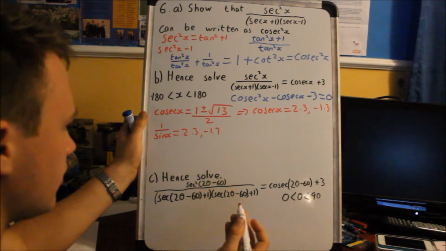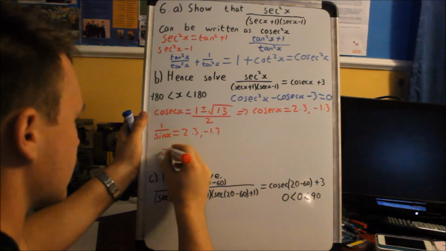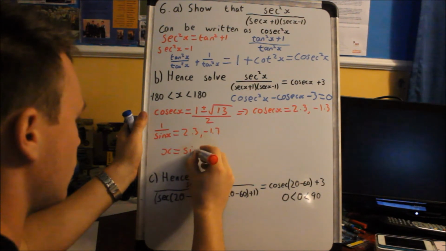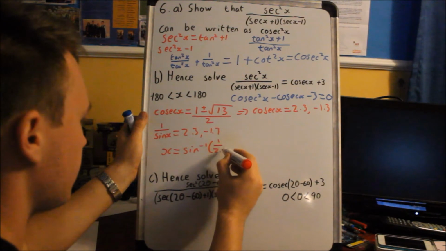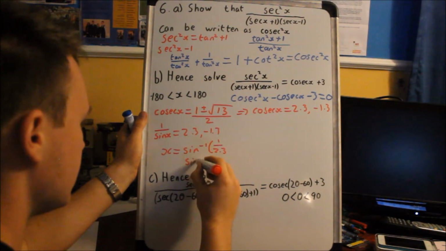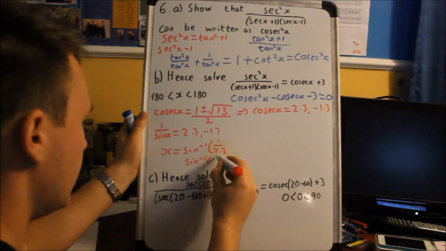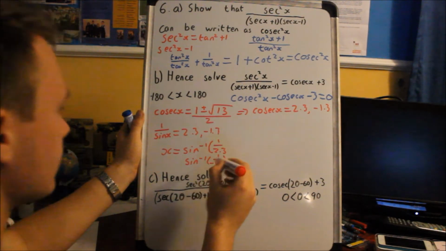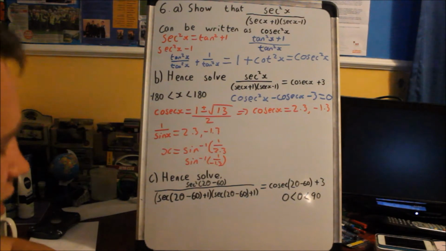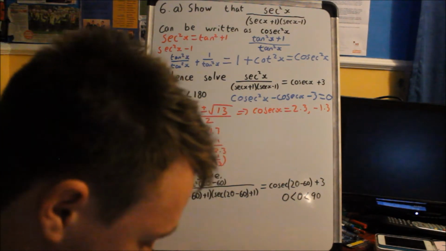So to find our x values, we can do sine to the minus 1 of, firstly, 1 over 2.3, and then we can do sine to the minus 1 of 1 over minus 1.3. So just doing the inverse of these things, and sine to the minus 1 is the inverse function of them.